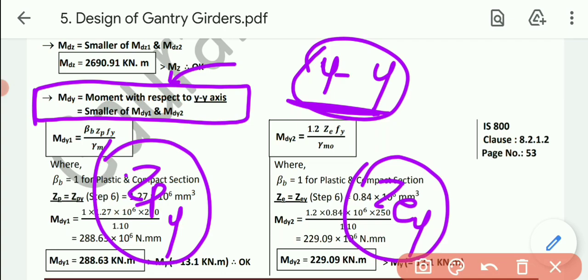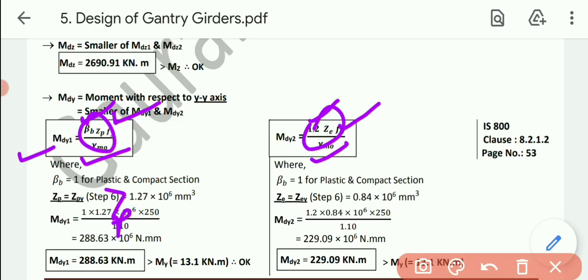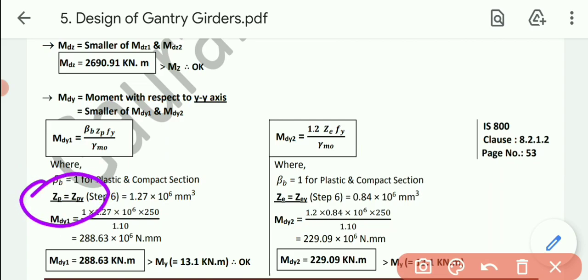Now let's calculate MdY1, beta b Zp fy by gamma m0. We have already discussed the unknowns: beta b is 1, fy is 250, gamma m0 is 1.10. In this one, 1.2 is the constant, fy is 250, gamma m0 is 1.10. So Zp and Ze, as we discussed, we will take Zp equals Zpy and Ze equals Zey.